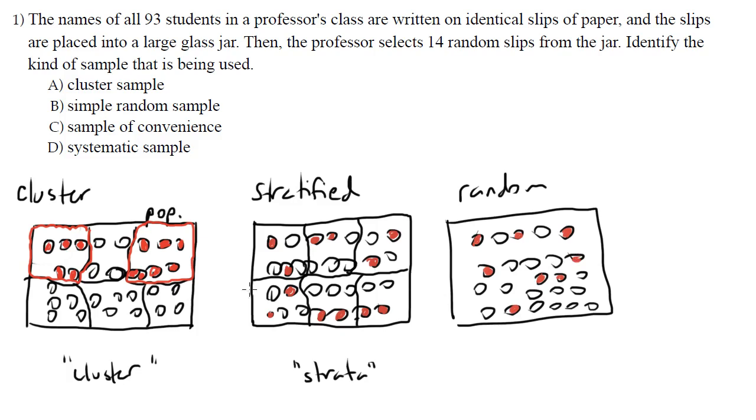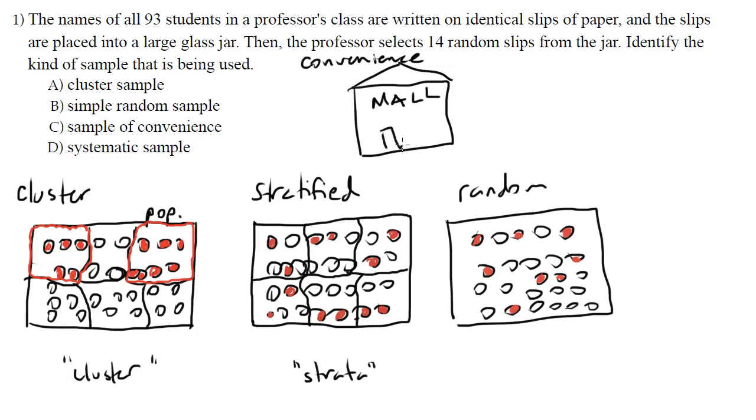Let's see. Sample of convenience. Let me give you an example of that. Let's say this is the mall. There's the door to the mall, and here's the researcher, here's me.